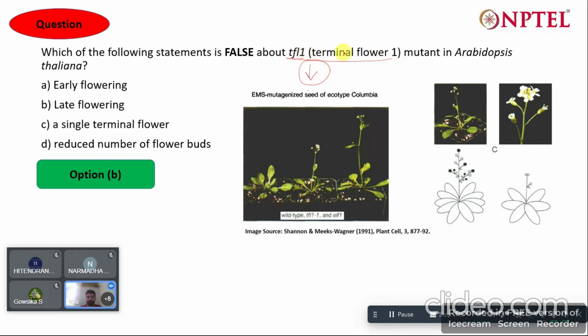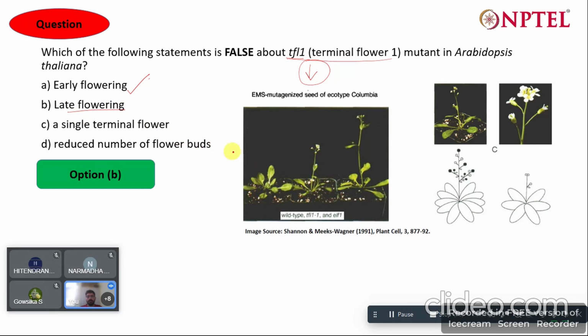So when this is mutated, there will be early flowering of the plant. Early flowering will be there because TFL1 is not there and it is a negative regulator of flowering. So early flowering will be there when TFL1 is mutated, and when TFL1 is present, then it's late flowering.